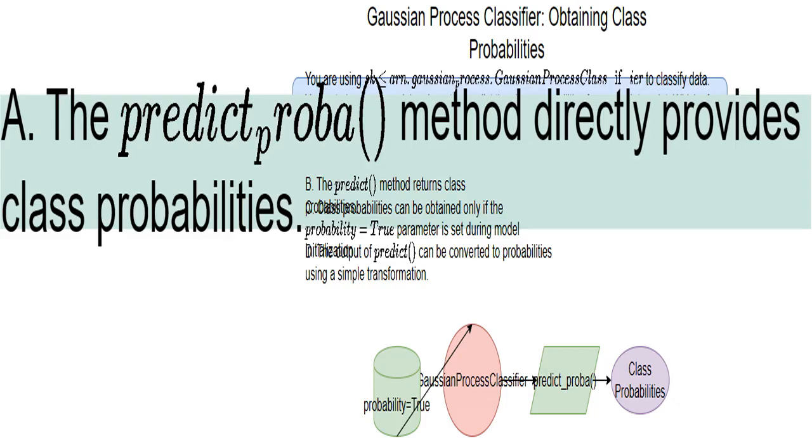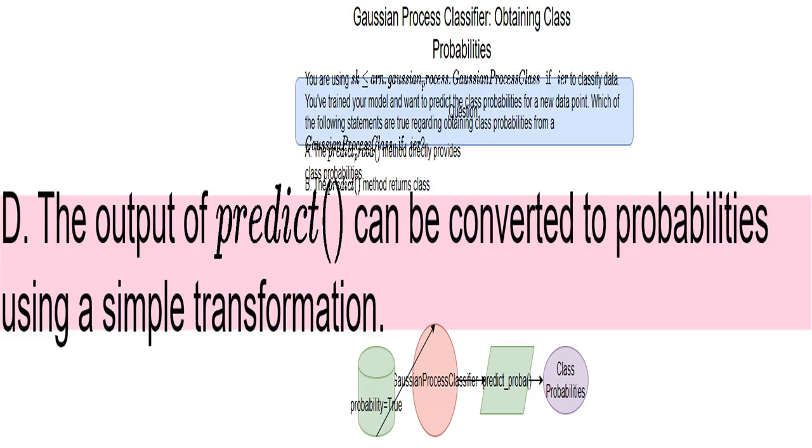This is partially true. The predict_proba method is your tool for obtaining class probabilities. However, this method is only effective if the correct probability parameter was set when you initialized the classifier. It's like having a car, but without fuel. You can have all the right parts, but still not work. This statement is incorrect. The predict method only gives you class labels, like cat or dog, not the probabilities.